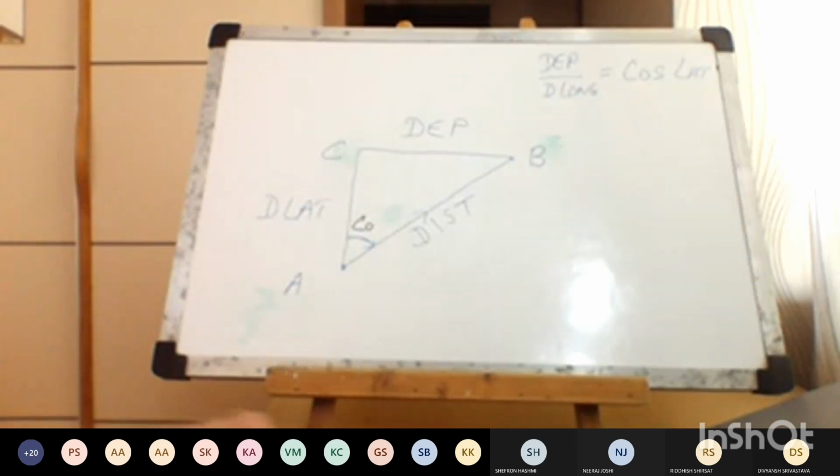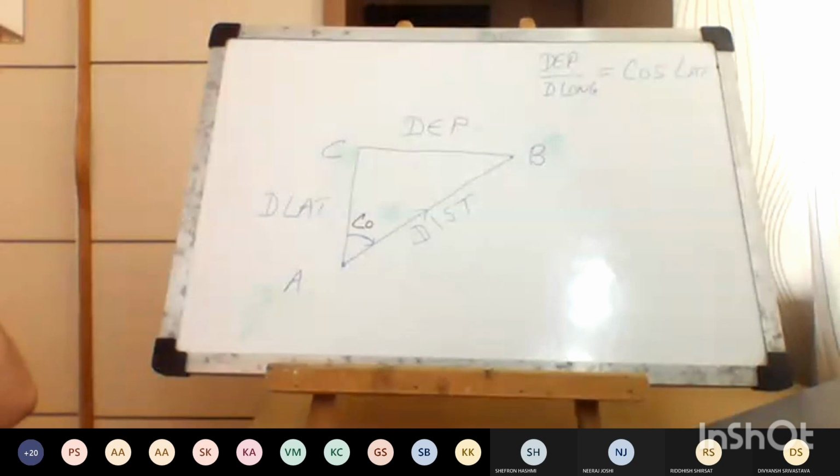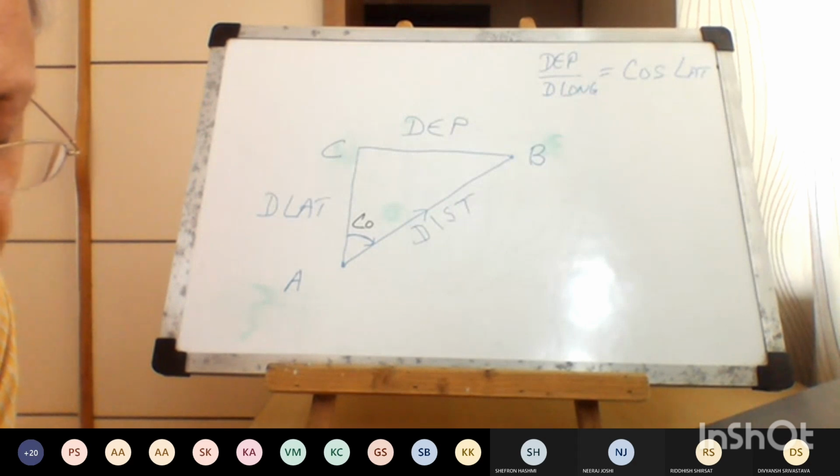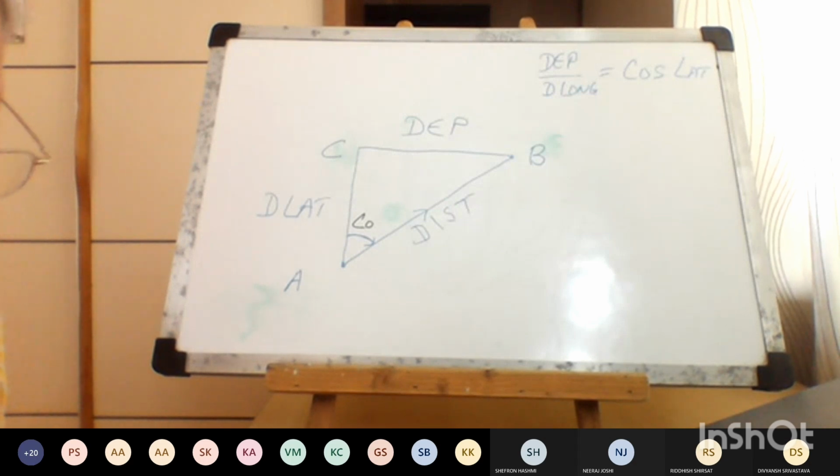So there are 4 important things in this triangle by which we can, if we have 2, we can find the other coordinates. Mainly we are interested in the course and distance because we have to go from point A to point B.